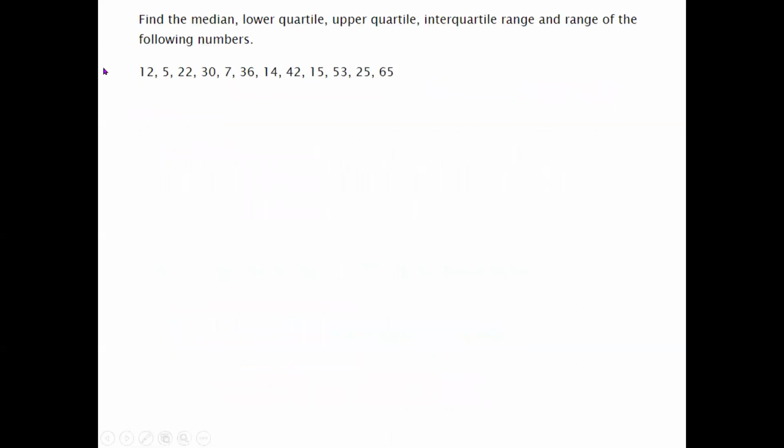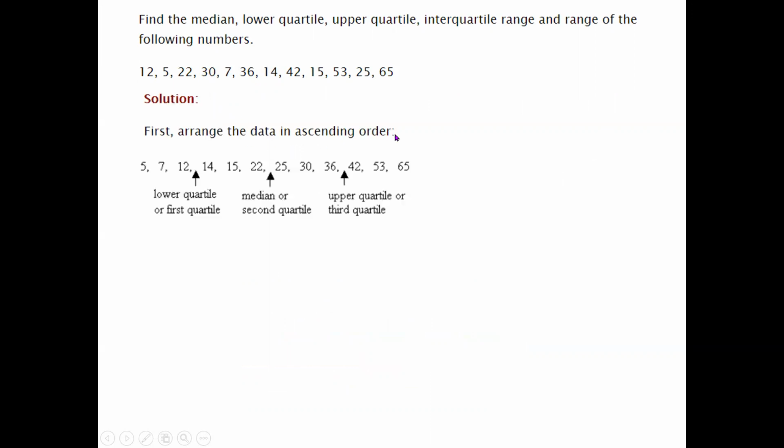For example, these are the numbers given. How to calculate the quartiles? First, you need to arrange your data in ascending order. So these variable values are arranged in ascending order. Now, how many numbers are there? 12.